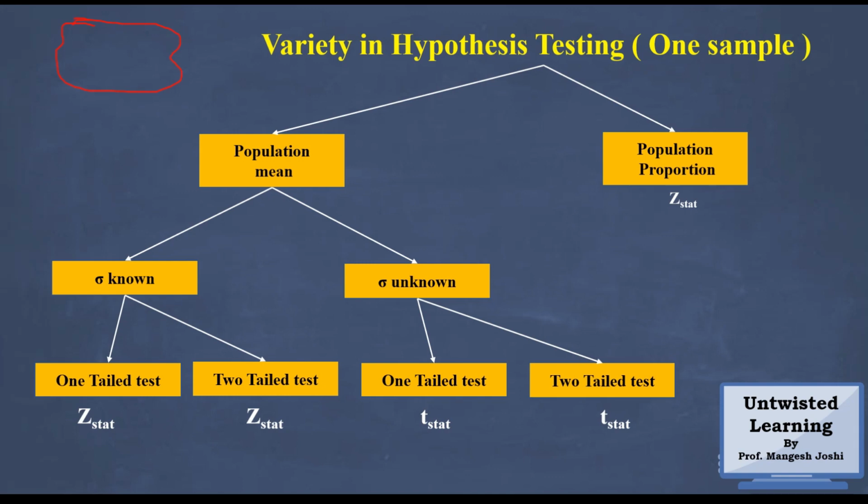Suppose this is the population, and you are drawing the sample only once. So there is only one sample, and you are estimating X bar and the standard deviation of the sample. That is called a one sample test. I hope this is clear to you.